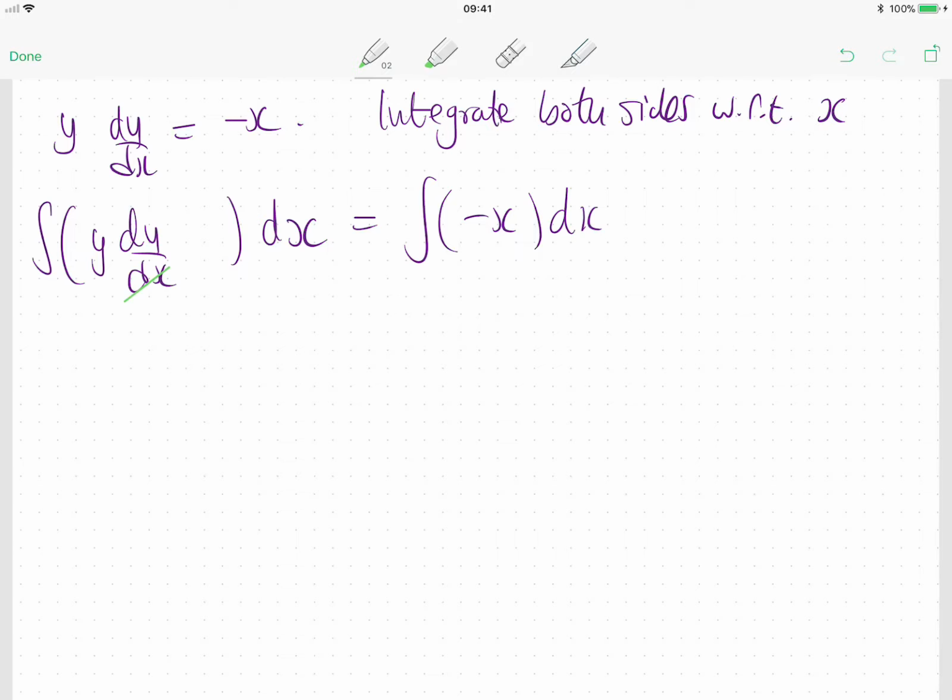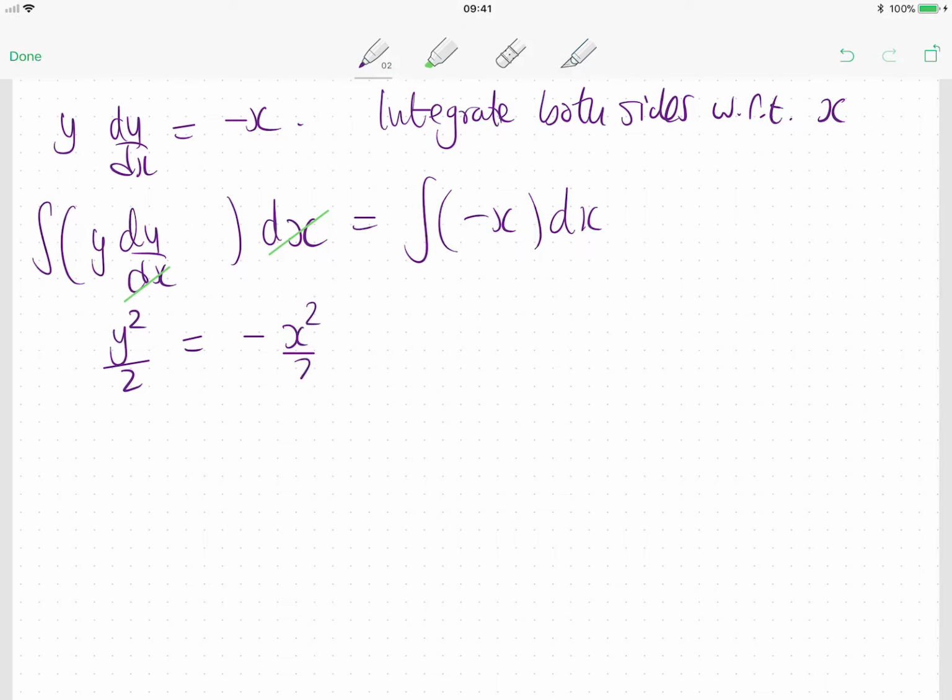As expected, those dx's are going to cancel there, so integrate y with respect to y. So standard integral, go upper power, divide by the power. The right hand side, integrate minus x with respect to x.